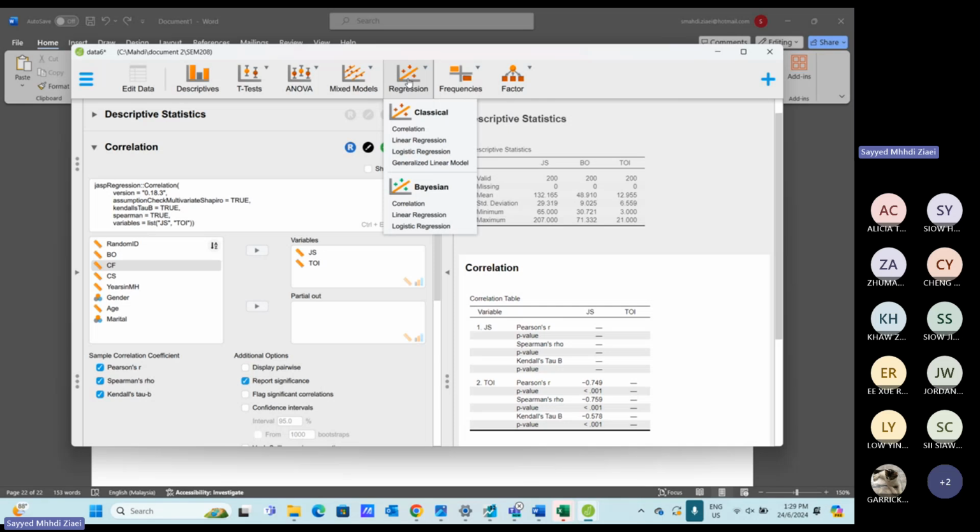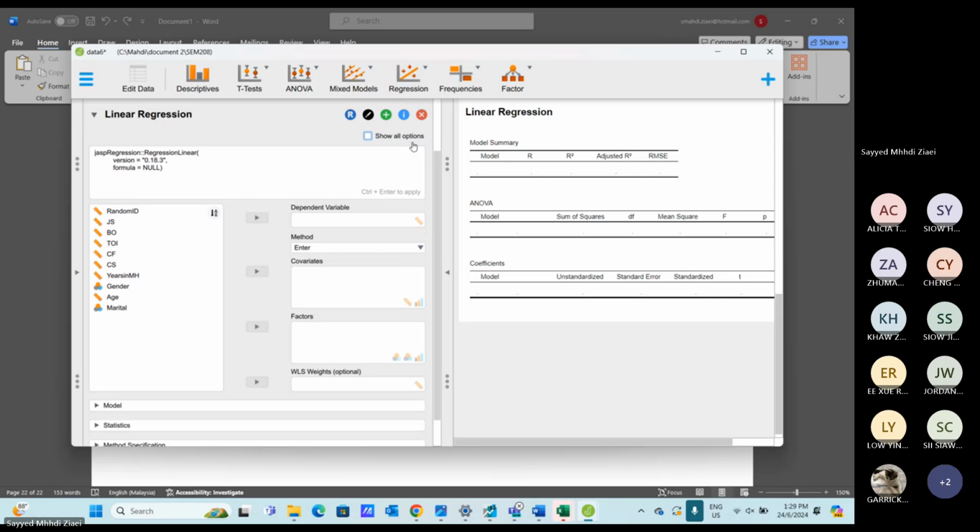But this information is not enough for us. We want to find alpha and beta for the regression. We want to do the multiple regression. Therefore, instead of correlation, you should take the second option, linear regression. If you use linear regression, first of all, you need to define your dependent variable.